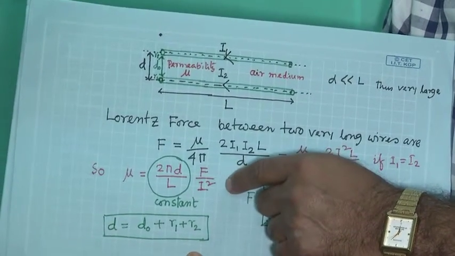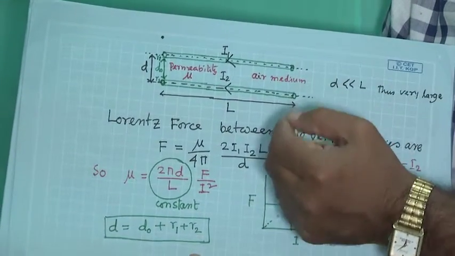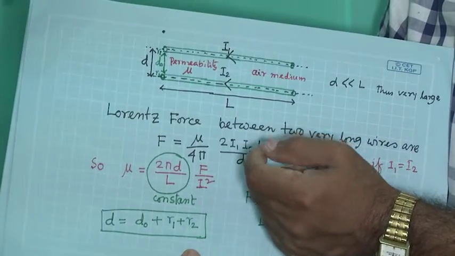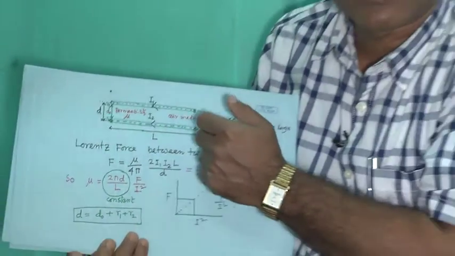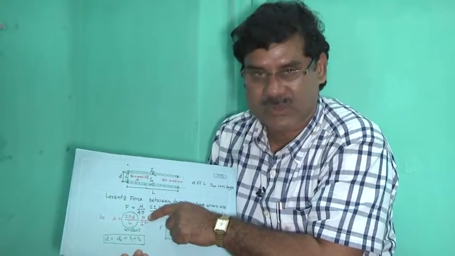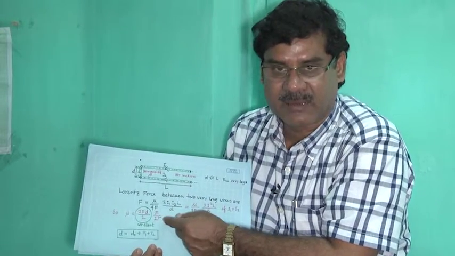For a particular F, we will find out how much current for that force. So, we will select 4 to 6 forces, and we will find out the I.